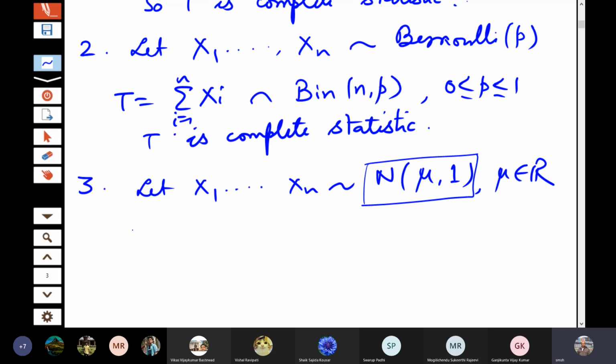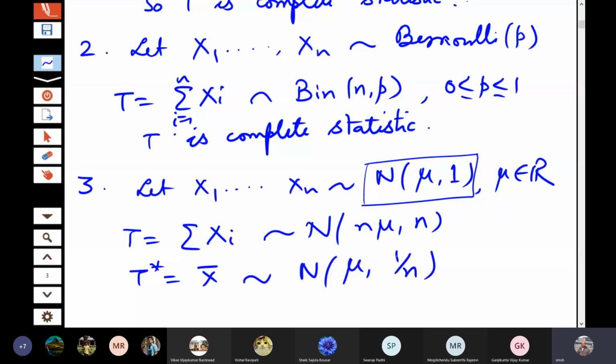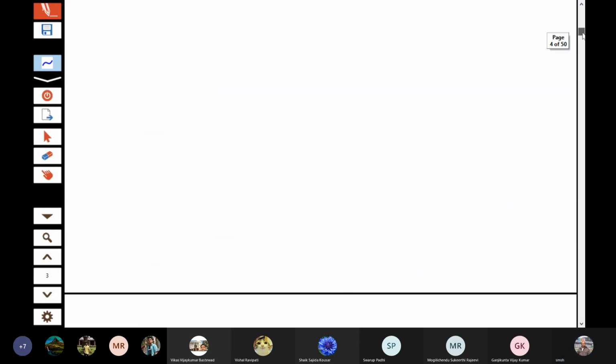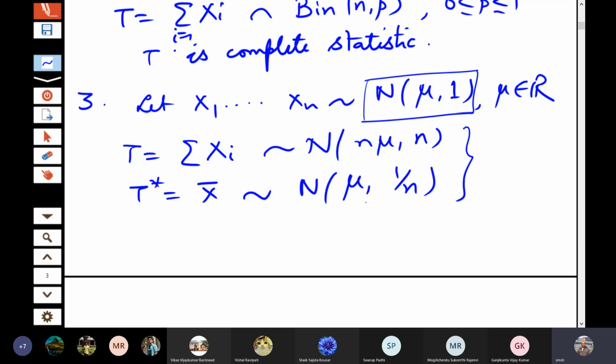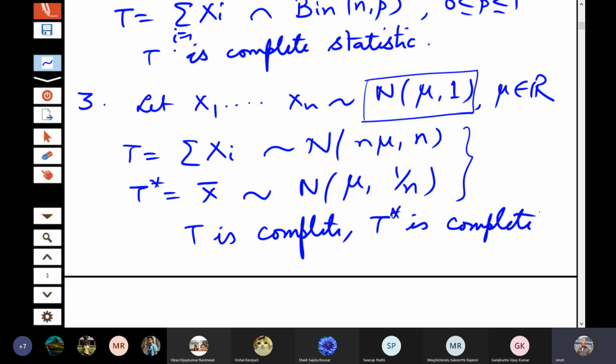Now if I look at the statistic T equal to sigma xi, then that follows normal(n mu, n). If I consider T star equal to x bar, that is normal(mu, 1 by n). So it is of the same form. So these are all complete: T is complete, T star is complete. Any function of a complete statistic will also be complete by the definition itself.